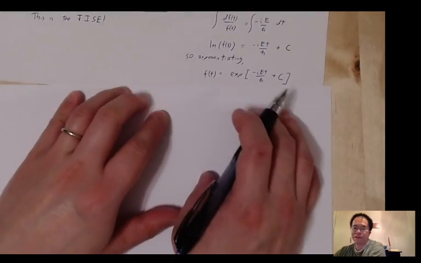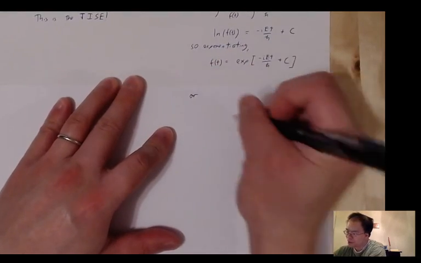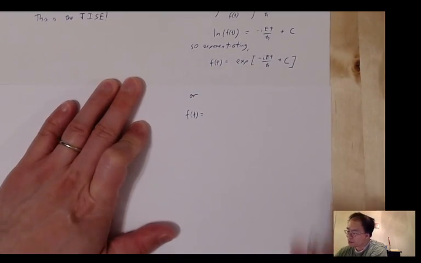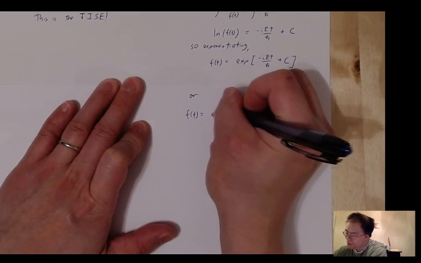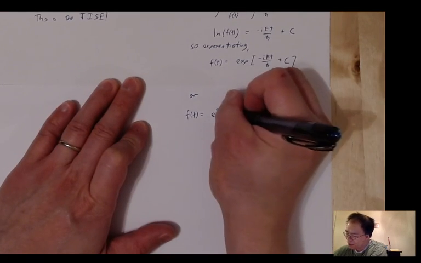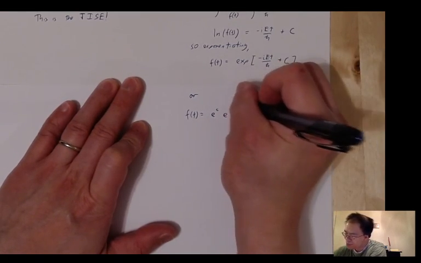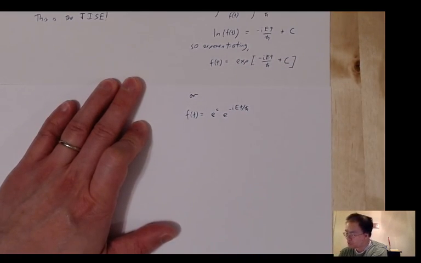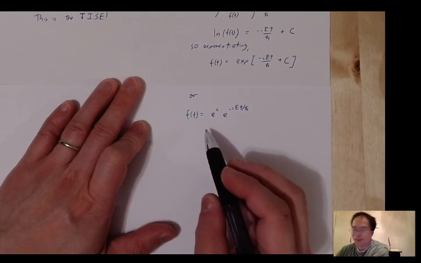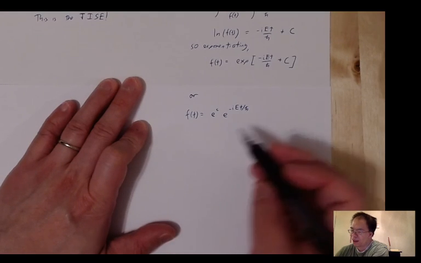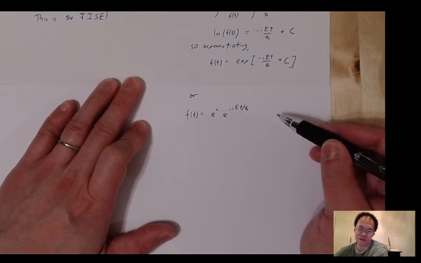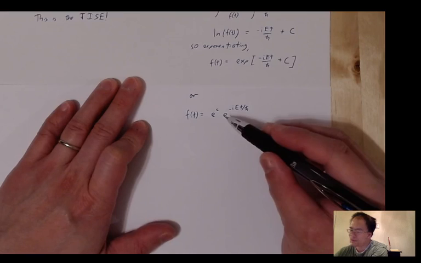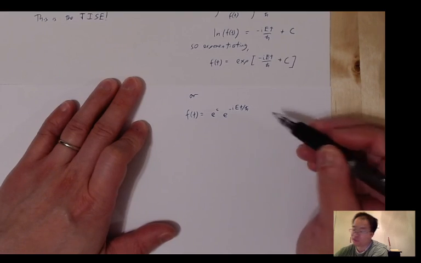So f of t gives me e to the c, and then I'll write this as e to the minus i E t over h bar. Well, notice some things. The constant of integration, as you probably know from diffy Q or some other math, is going to be related to the initial condition.